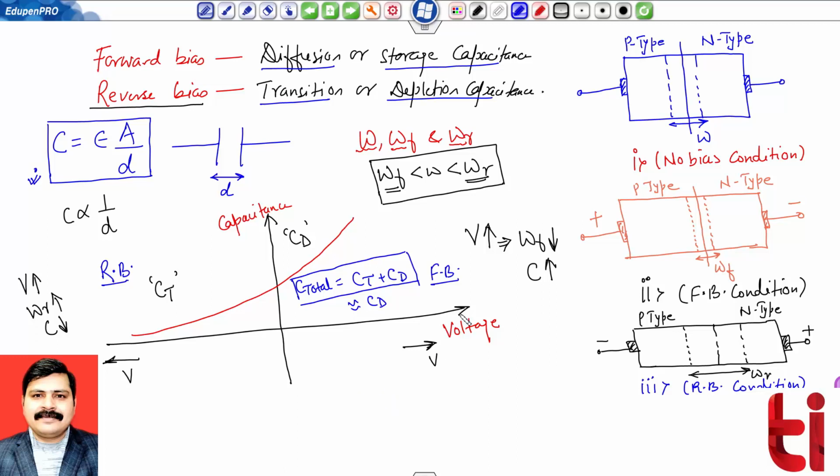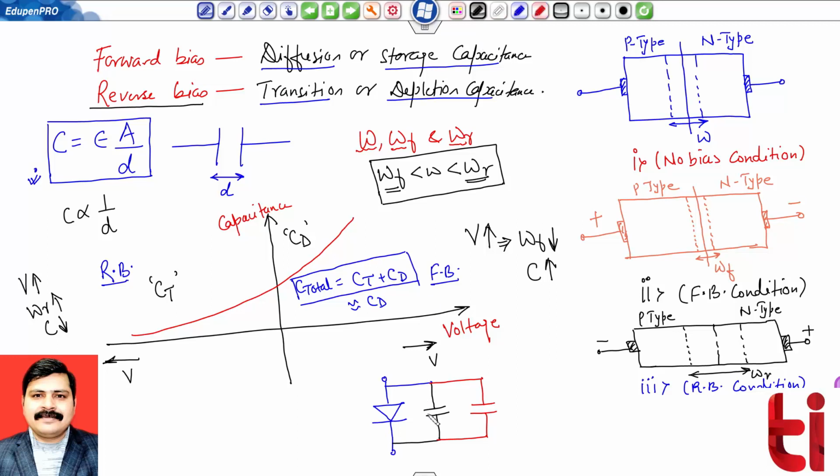Okay, so this is the diode equivalent capacitance, and in fact one can use the most practical situation. If this is my symbol of diode, then I can use both capacitances in parallel, forward capacitance as well as reverse capacitance. So I'm marking both capacitances over here, and this will be the most appropriate symbol for a diode with the inclusion of capacitances.